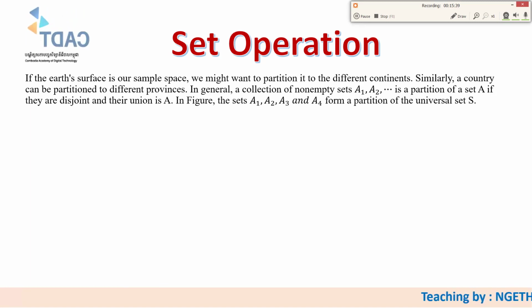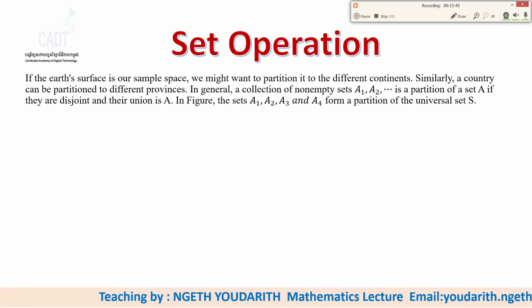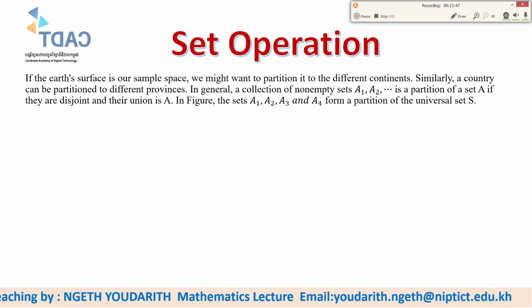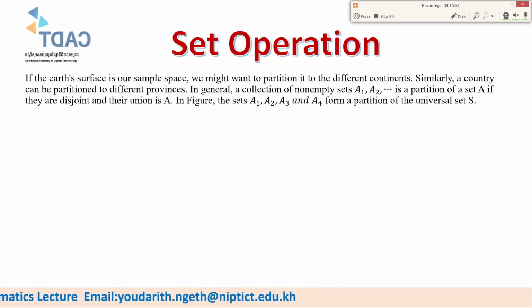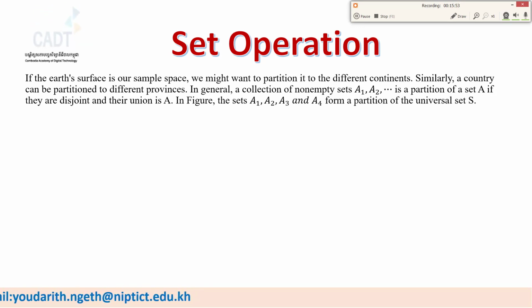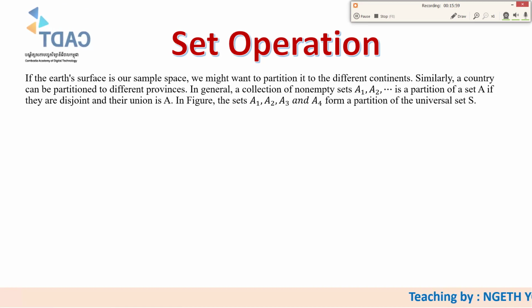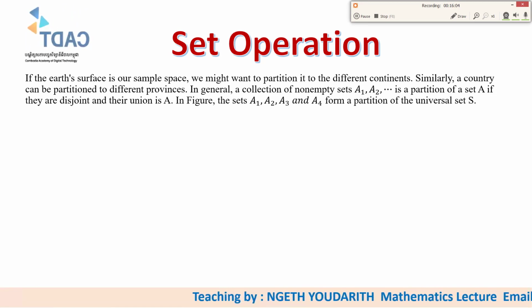And the set operation. If the universe is our sample space, we might want to partition it, like different continents. Similarly, a country can be partitioned into different provinces. Partition means that we can separate it, like our country, which we separate by province or by town.